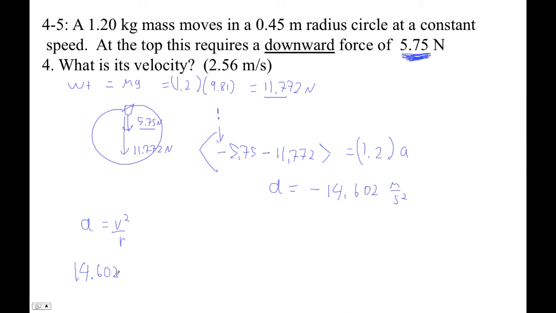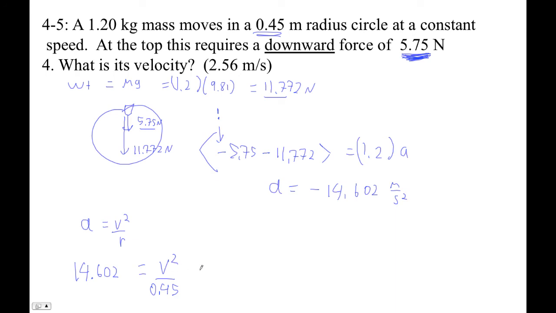So 14.602 is v squared divided by 0.45. Clearly I'm going to go this times this, and then I'm going to take the square root of that, so raised to the 0.5.